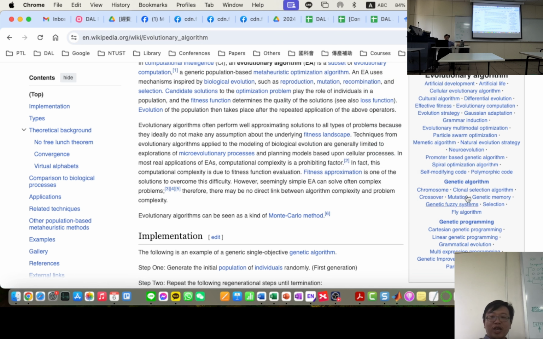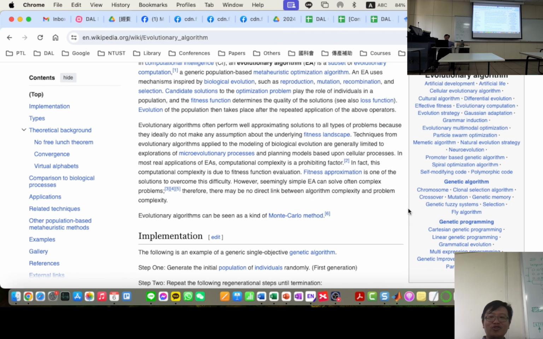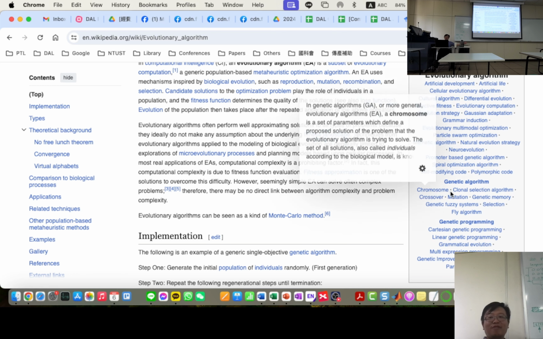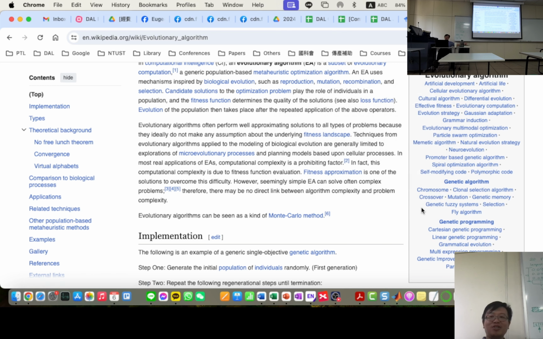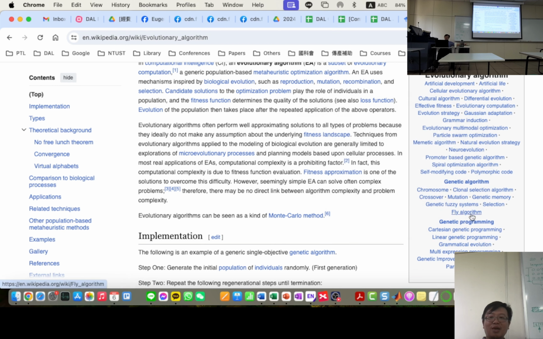Okay, GA itself has a general category because GA probably is the most popular method in evolutionary algorithms. And now, after today's lecture, I hope you get to understand what is chromosome, crossover, mutation, and some others like selection and so on.